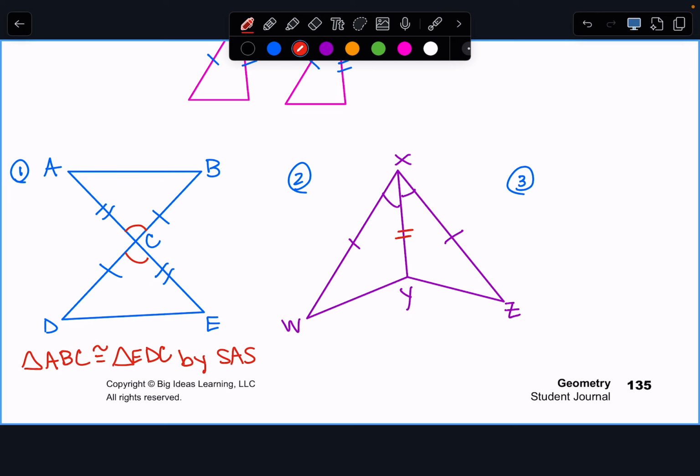We have the reflexive property happening, where we can say triangle WXY is congruent to triangle ZXY by side angle side.